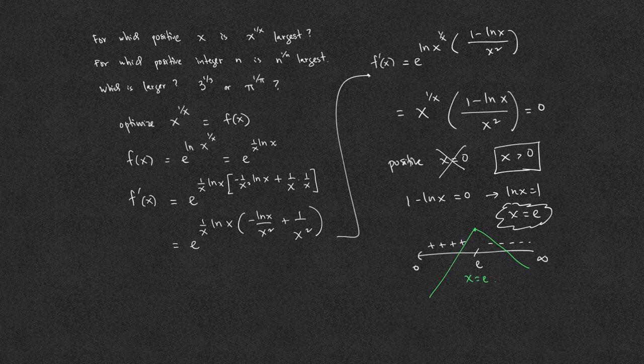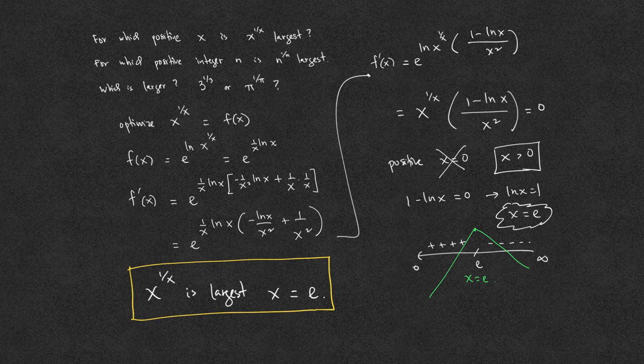We conclude that the x where x to the power 1 over x is largest is when x equals e. The function x to the power 1 over x is increasing from 0 to e and decreasing from e to infinity. The integers between which e lies are 2 and 3.